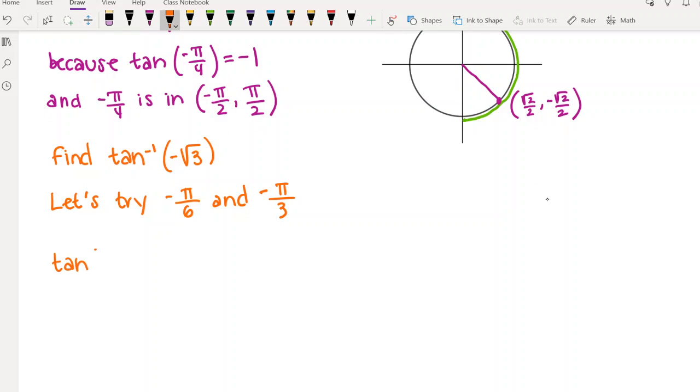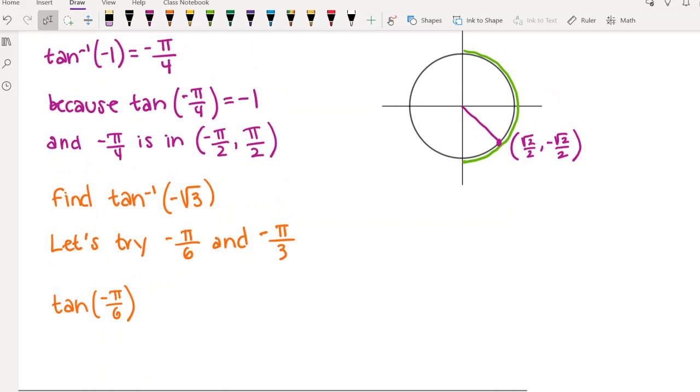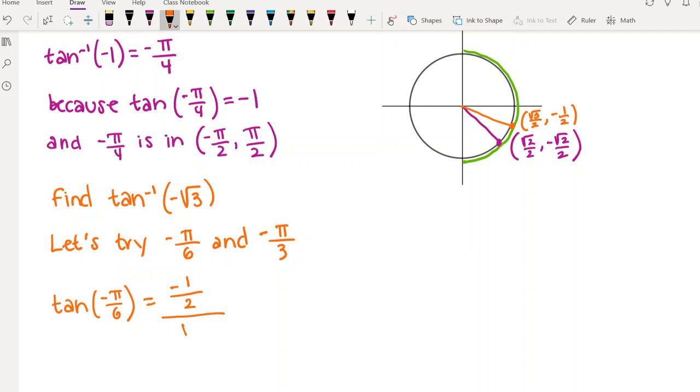So what is tangent of negative pi over 6? Well, negative pi over 6 would be here, and that's going to have coordinates of root 3 over 2, negative 1/2. So if we wanted to take tangent of that angle, we would do the y coordinate, negative 1/2, over the x coordinate, root 3 over 2.